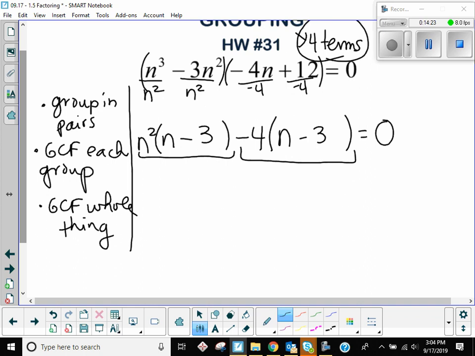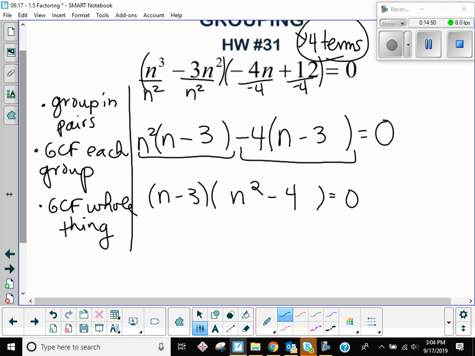The n minus 3 in the parentheses. So that's their GCF now. I'm going to write their GCF down, and I'm going to write the leftovers in parentheses. Once I divide out an n minus 3 from the first group, so that n minus 3 is gone, what's left over? N squared minus 4. Okay, n minus 3 out of there leaves me a minus 4.